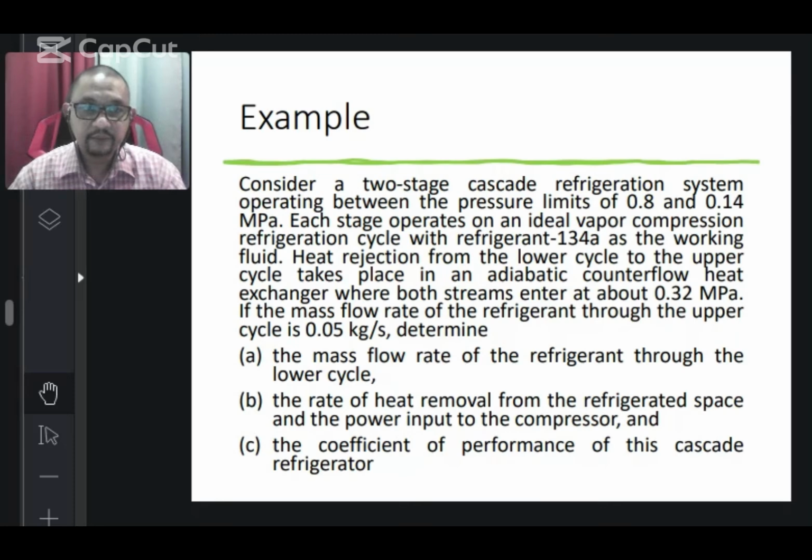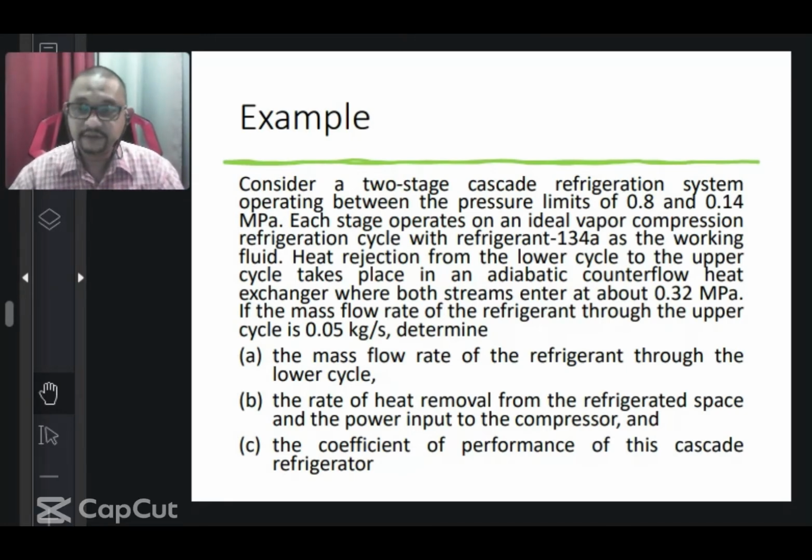The example of this system. Consider a two-stage cascade refrigeration system operating between the pressure limits of 0.8 and 0.14 megapascal. Each stage operates on the ideal vapor compression refrigeration cycle with refrigerant 134a as the working fluid.